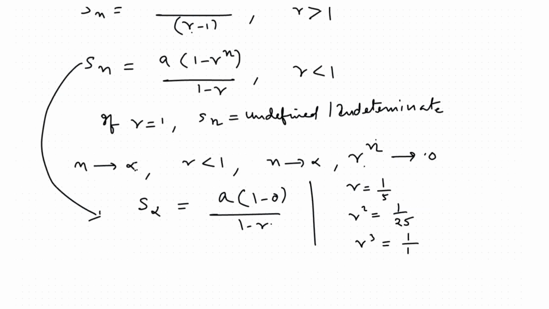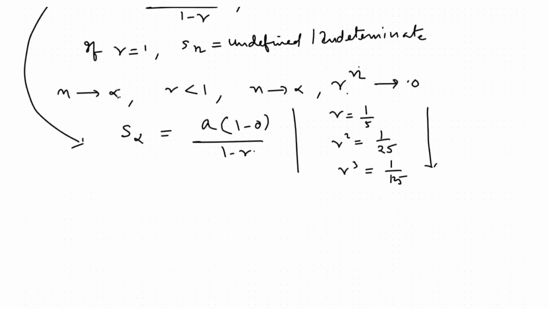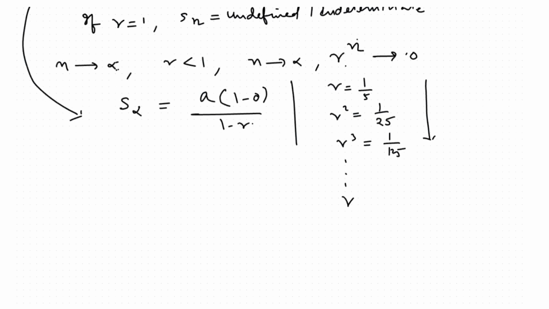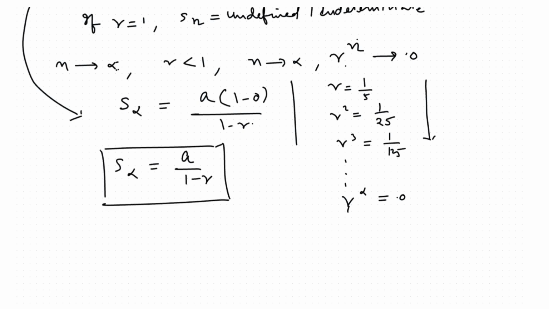So you see, it is decreasing. Similarly, if you take r to the infinity, you would get 0. Okay. So your formula for S infinity becomes a/(1 - r). So remember this. I gave you 3 formulas, based on which let us try to solve certain problems.